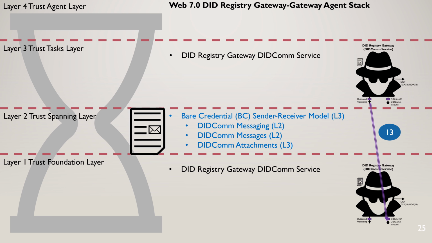Out the right side of each of those DID registry gateways, we can see that there's a DID over TCP/IP connection, and that is used to send the DIDs against an actual DID registry. But if the one at the top fails, then the purple path will be used to try the second one. These, of course, use the bare credential sender-receiver model. So that's it for the 13 DIDComm-ARM SAMstacks.